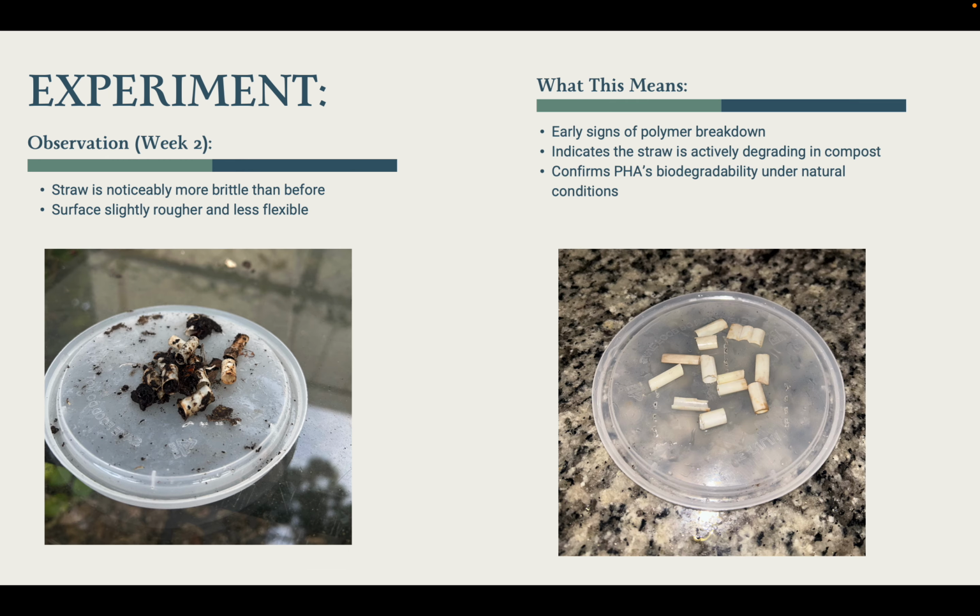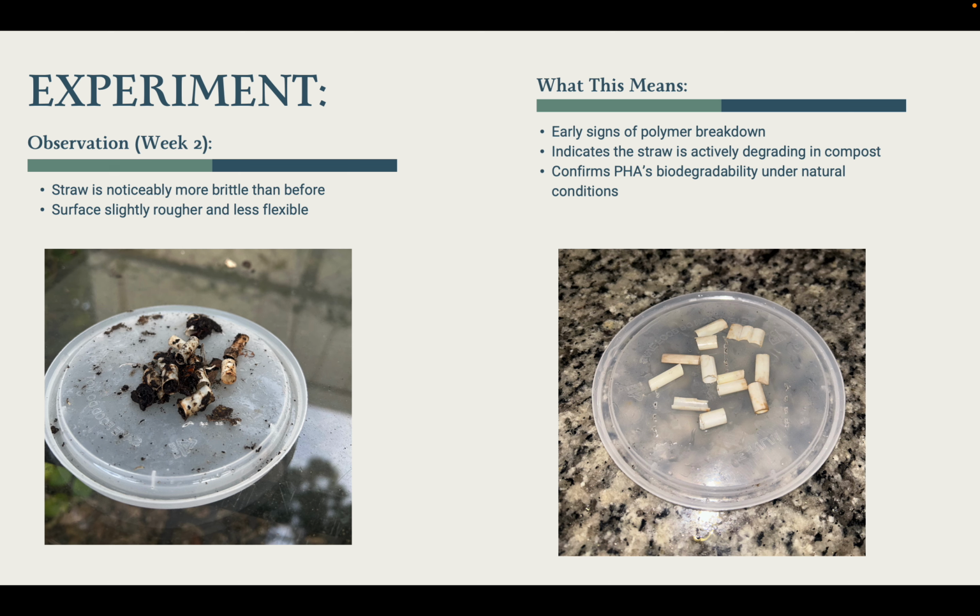After 2 weeks, I removed the straw pieces to check their condition. One of the most noticeable changes is that the straw has become more brittle. When I gently applied pressure, it no longer had the same flexibility and it felt stiffer. It also cracked more easily, and I noticed that some of the straws had cracked on the sides, and the surface also appeared slightly duller and rougher.